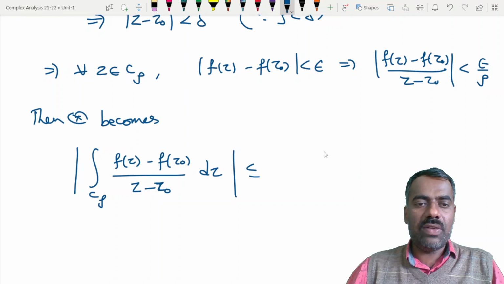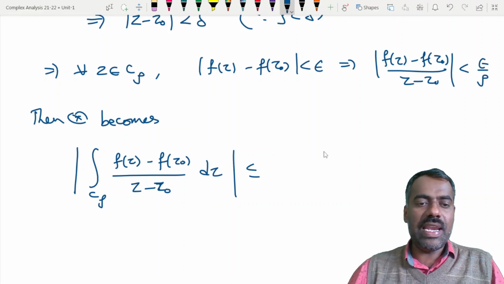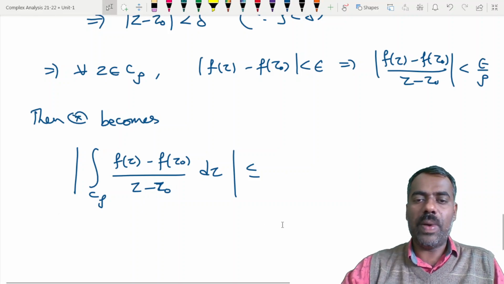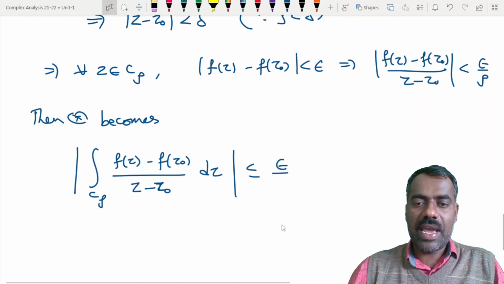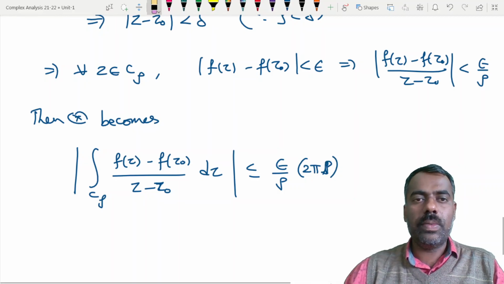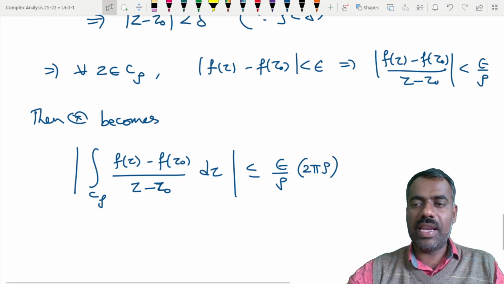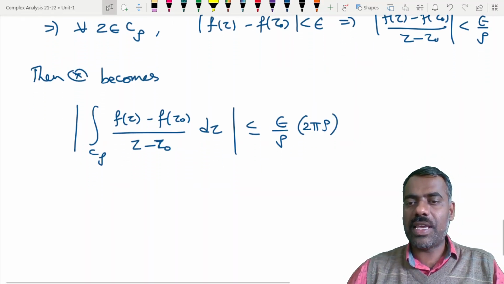So the maximum value of this function, whatever we are having, is less than epsilon by rho, and that is M. And what is the length of this curve? It is 2 pi. Okay, so epsilon by rho into 2 pi, right? Sorry, this is 2 pi rho, right? Not 2 pi I. It is the length of this circle, that is 2 pi r if r is the radius, right? Therefore this is the same as 2 pi times epsilon, right?